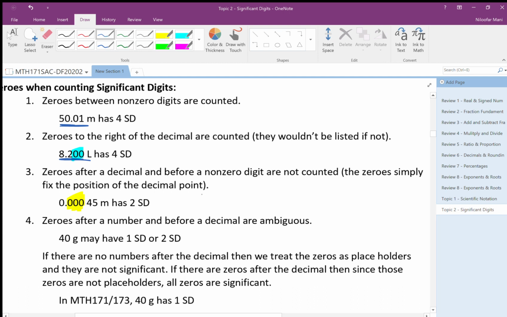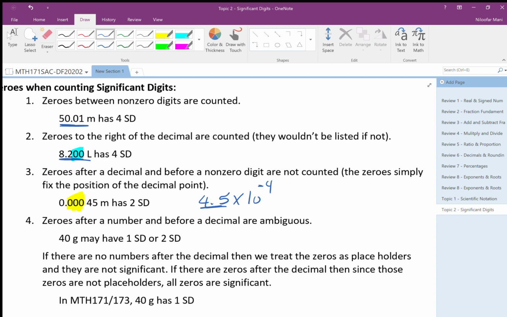If you change your number to scientific notation, you don't see them. See, it's 4.5 multiplied by 10 to the power of minus 4. If I write my number this way, then I say I just have two significant digits because I look at here. So you can change your number to scientific notation and then see how many significant digits you have.